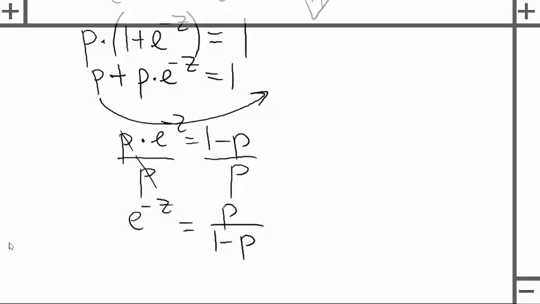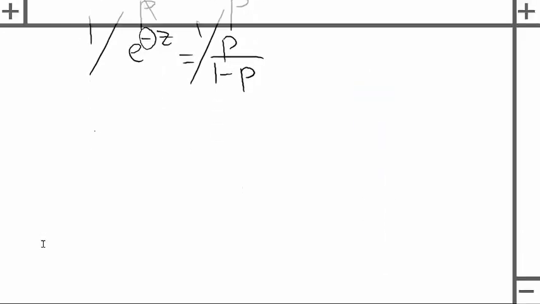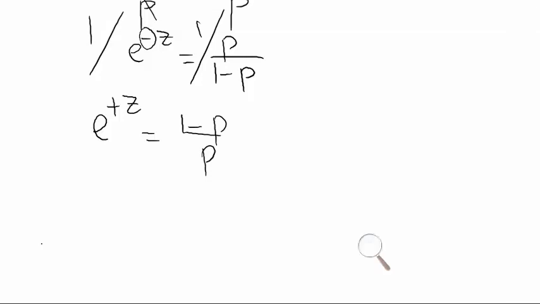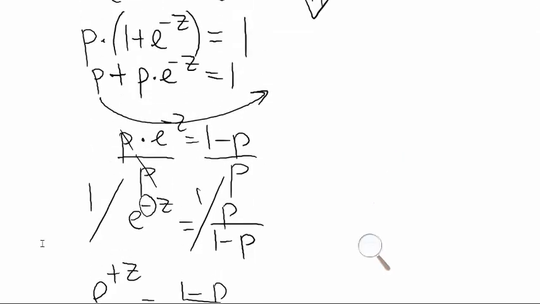Well, let me flip both sides, right? Because I don't like this minus sign right here, okay? So I take 1 over the right side and 1 over the left side. So therefore, on the left side, I'm going to get e to the power plus z, right? Equals, and on the right side is going to be just 1 minus p over p. I just flip the ratio, right? We're almost done. How do I cancel? John? Oh, right here. Okay.